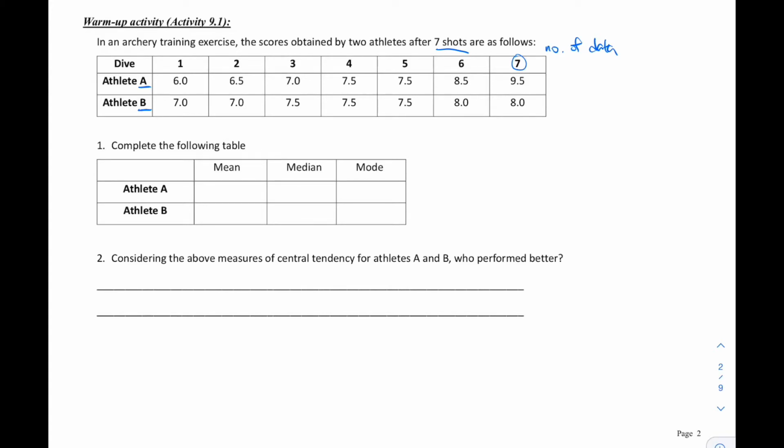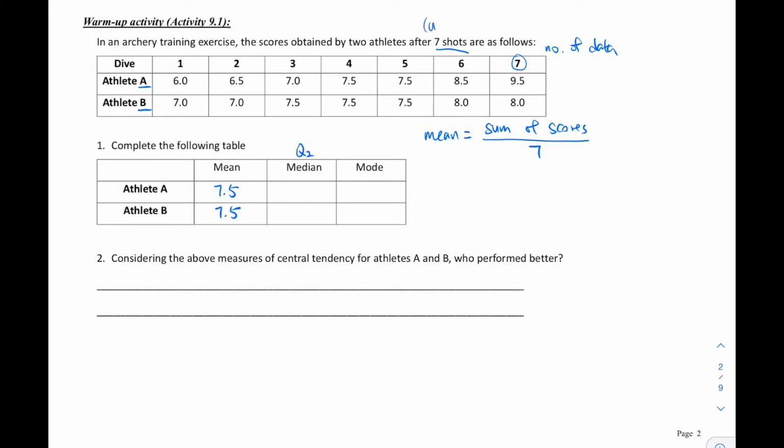Here, if we want to find the mean, we just find the sum of scores of each athlete and divide by the number of data. So after pressing your calculator, you can find the mean is 7.5 for each athlete. And for the median, that's the datum that lies in the middle of the data.